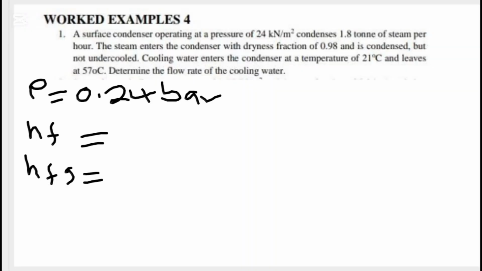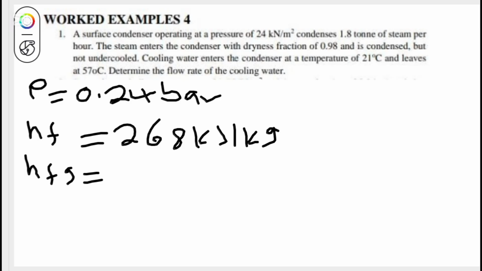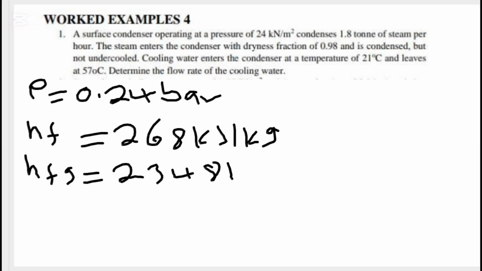As you can see from the steam table, the hf is 268 kilojoule per kg, and also the hfg is 2348 kilojoule per kg.